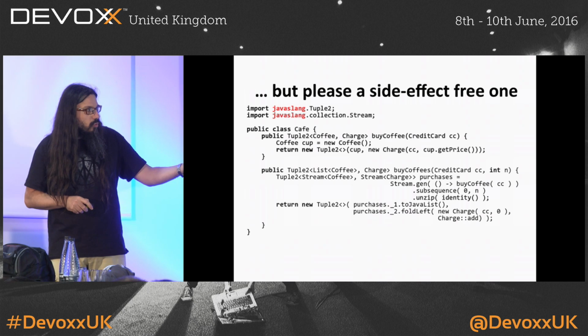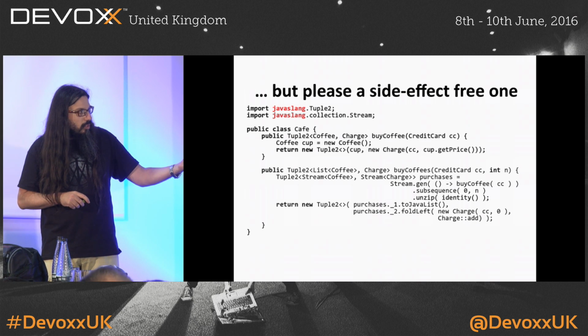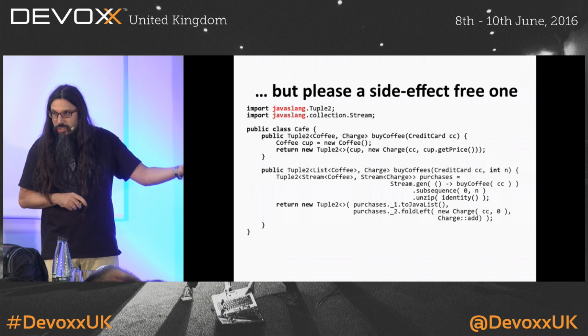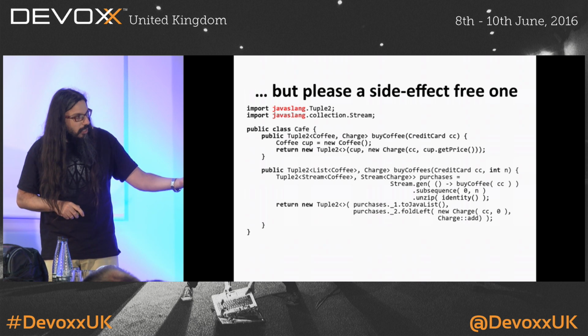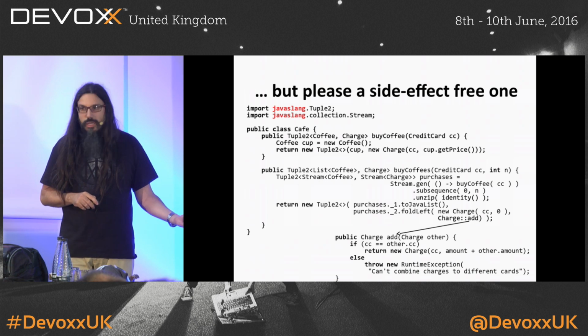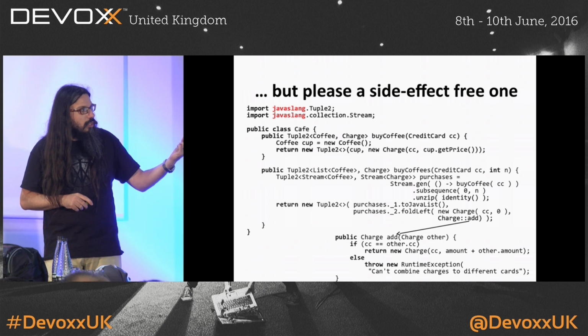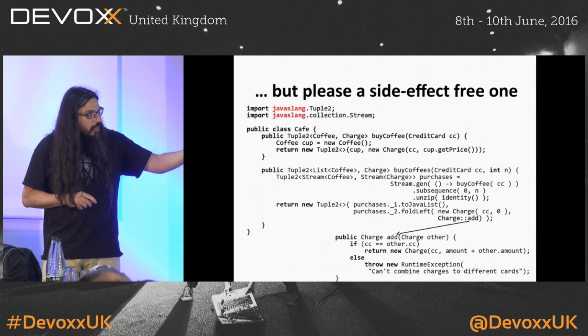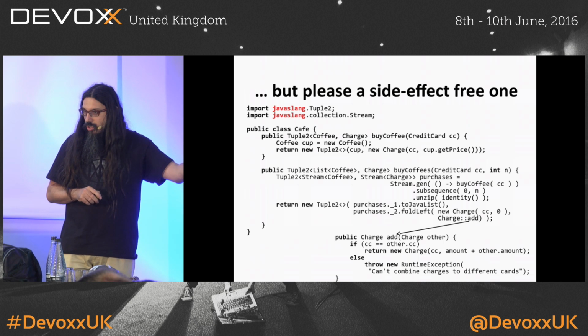And then I want to turn this stream of coffee into a list and fold, reduce this list of charges into a single one. I do this by calling this add method on the charge. So this time the result is a tuple containing your 4 coffees and 1 single charge.